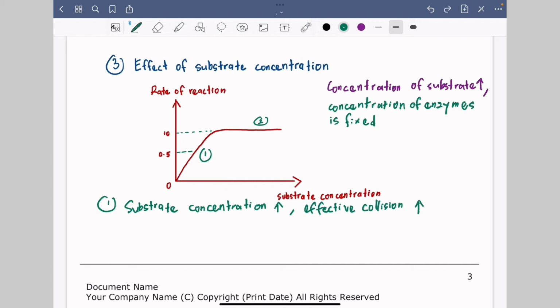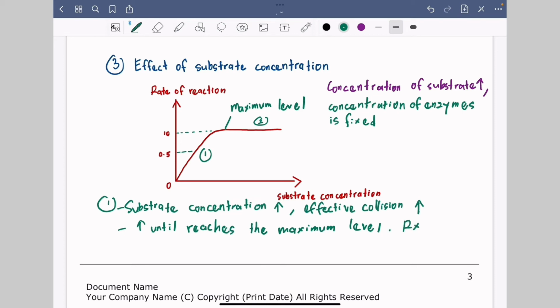And then the second point within the first point is that it will increase until it reaches the maximum level. And here is the maximum level. After reaching the maximum level, the reaction becomes constant.